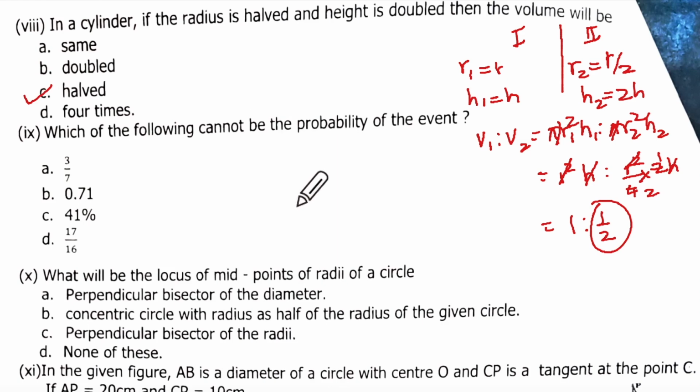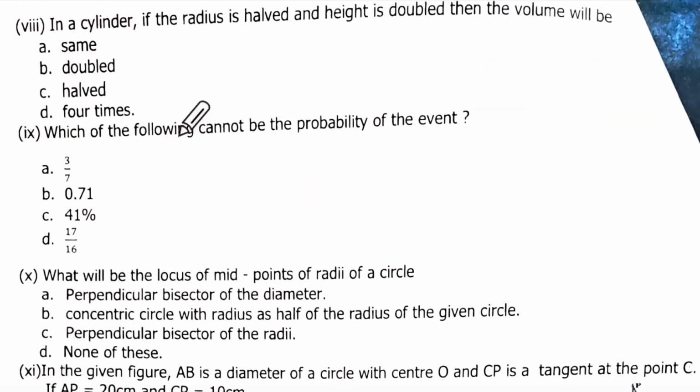Understanding how? Okay. Now probability. Those who got confused, remember that probability of an event lies between 0 and 1. So it can be 0 less than or equal to probability less than or equal to 1, which means it can't be less than 0.